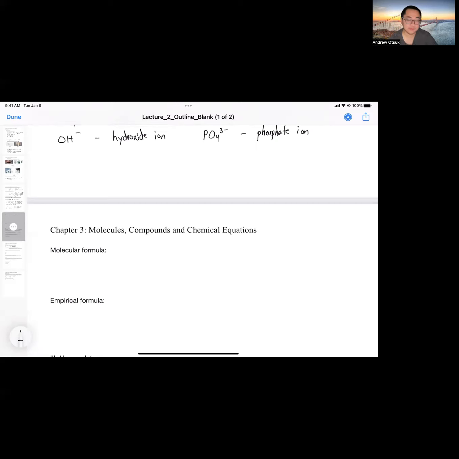All right, so our molecular formula is basically a chemical formula that describes the actual makeup of the compound.